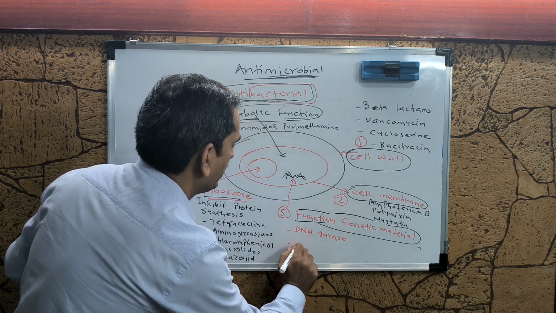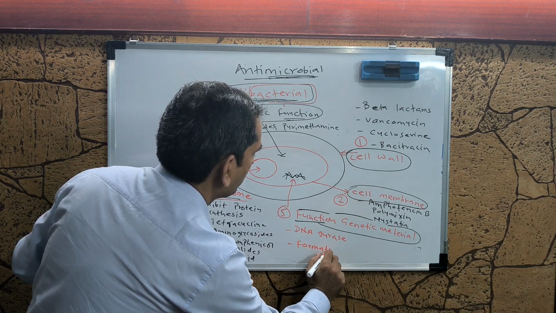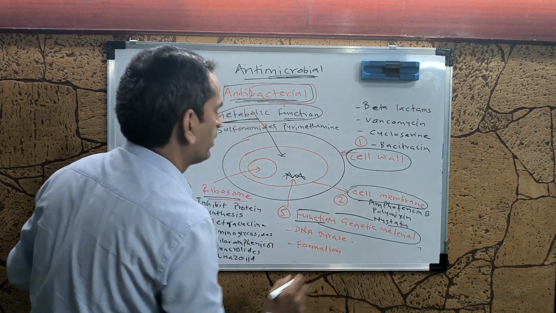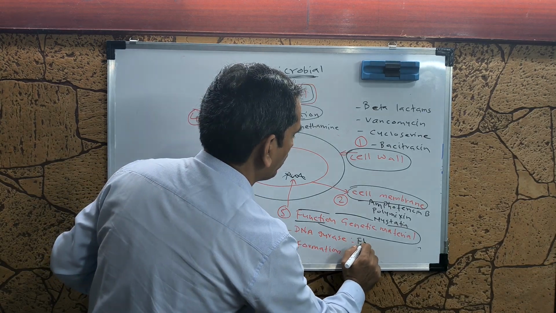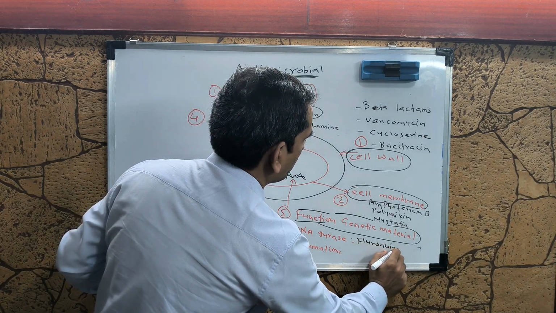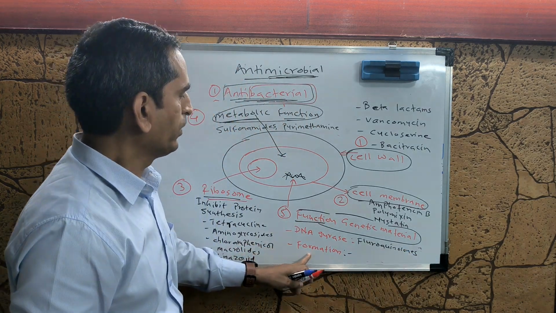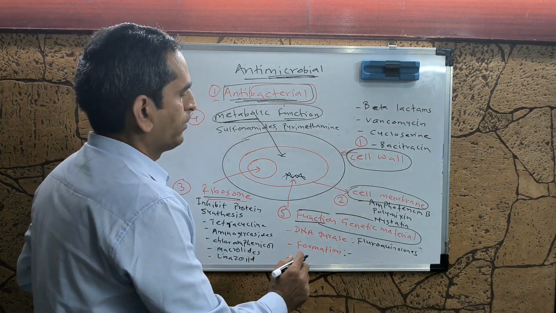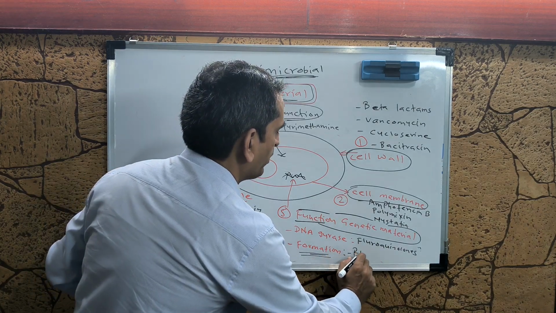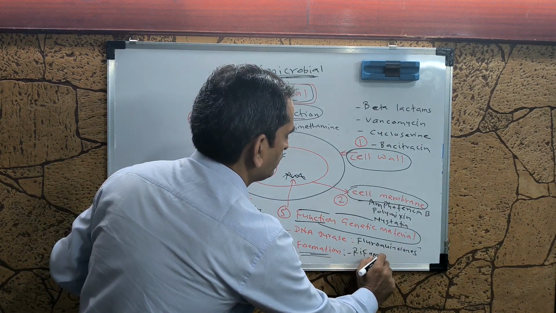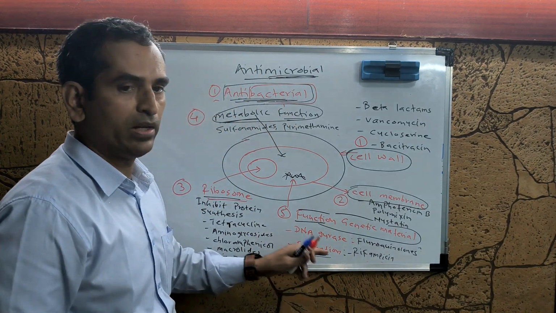Some drugs inhibit the formation or synthesis of nucleic acid. The drugs which work by inhibiting DNA gyrase, for example, are fluoroquinolones, and the drug which inhibits the function or formation of DNA-dependent RNA polymerase is rifampicin. So rifampicin inhibits the DNA-dependent RNA polymerase.